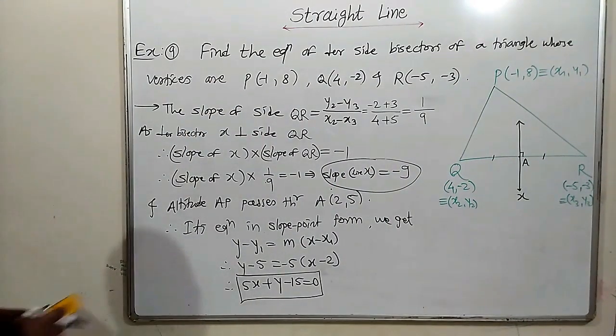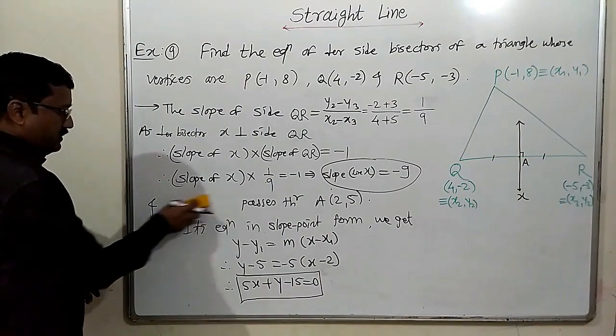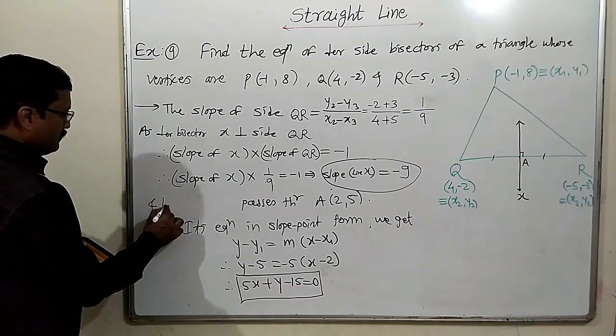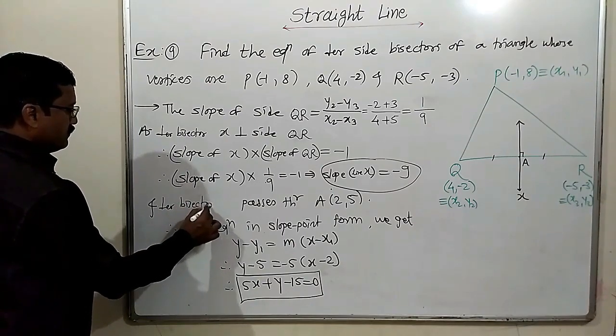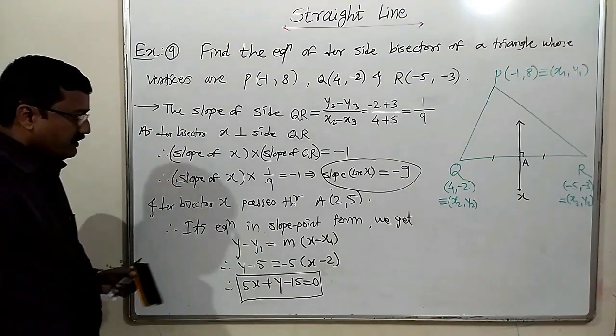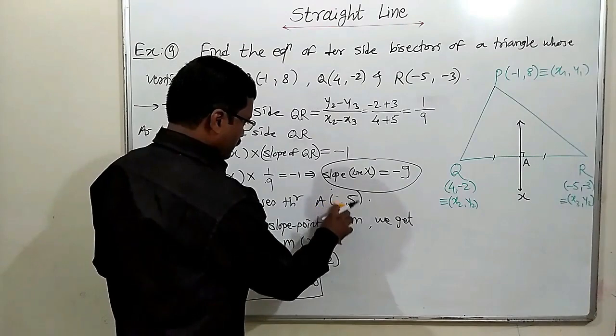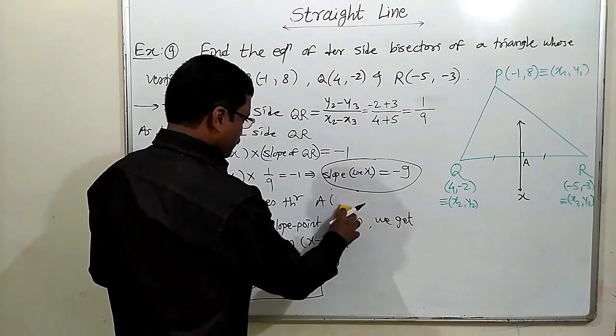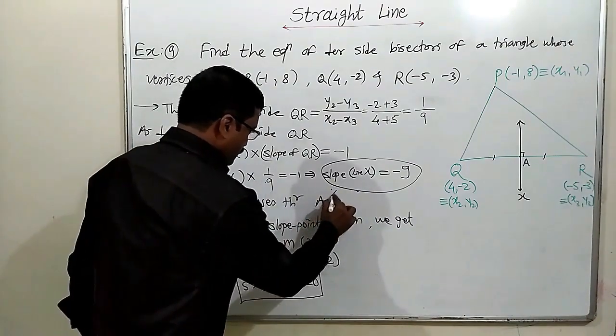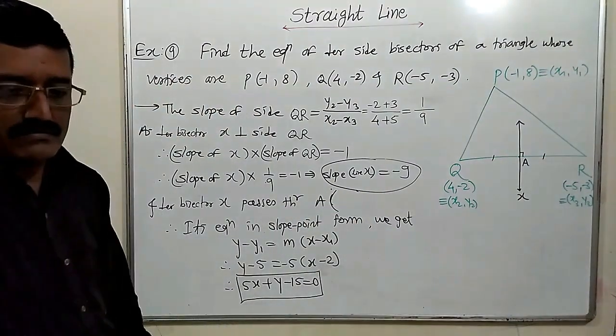Okay. Now this perpendicular bisector X passes through point A. Let's find A here. A is the midpoint of QR.